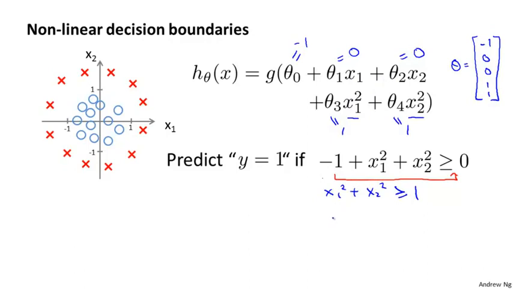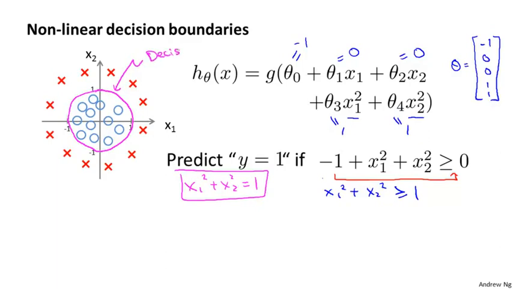So what does this decision boundary look like? Well, if you were to plot the curve for x1 squared plus x2 squared equals 1, some of you will recognize that that is the equation for a circle of radius 1 centered around the origin. So that is my decision boundary.